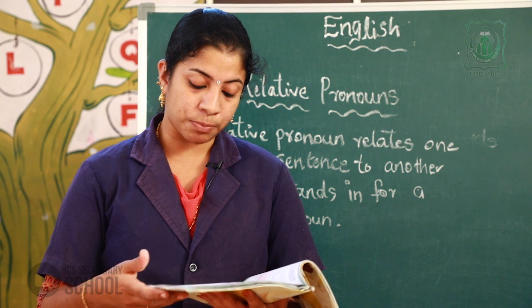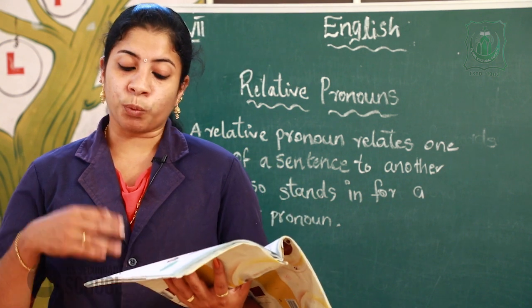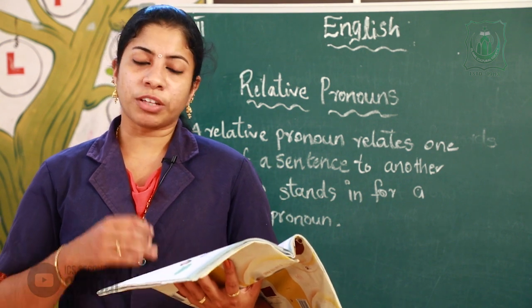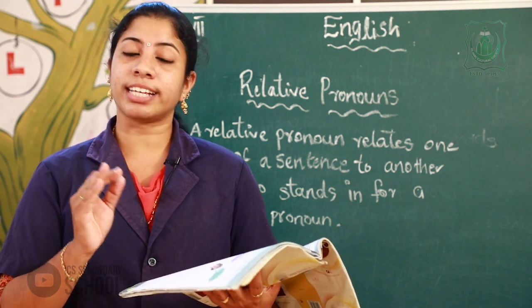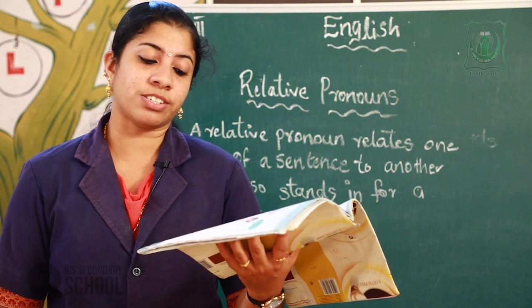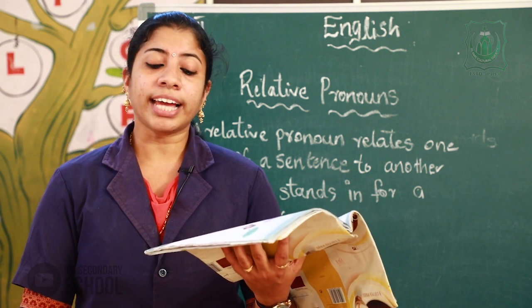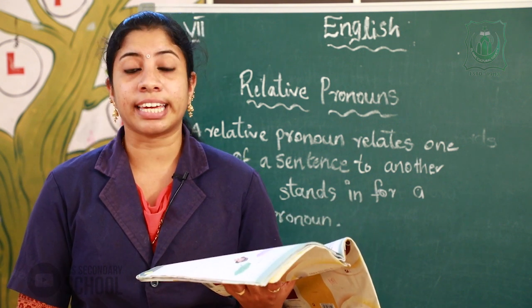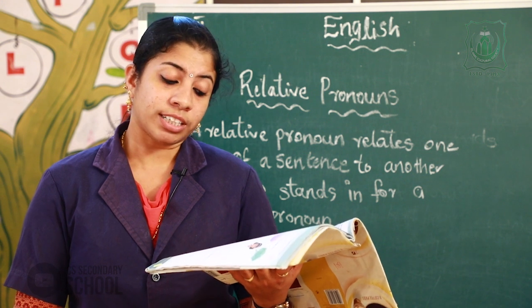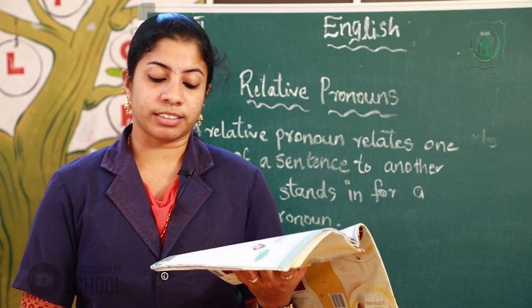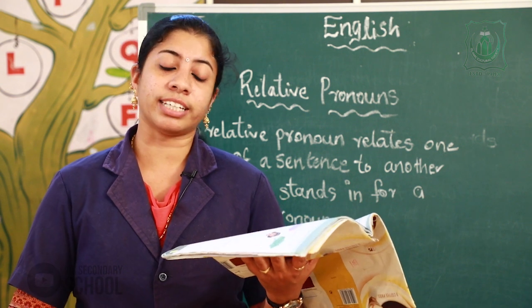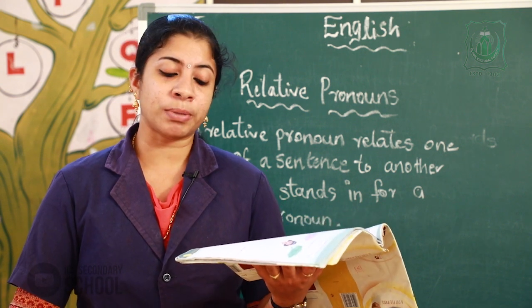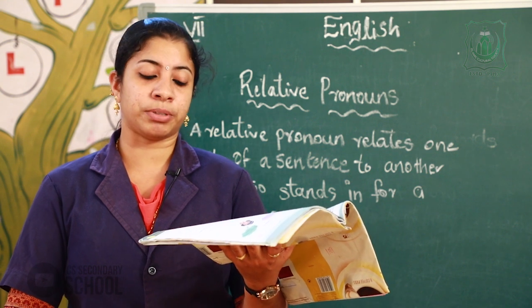Here you can see an example: the family which consisted of the mother and her 4 sons were greatly agitated. And the second one: she gave a coin to the beggar who promised to send a snake charmer's son.